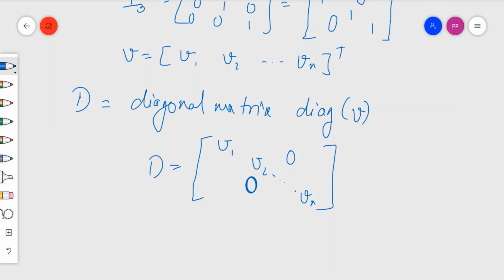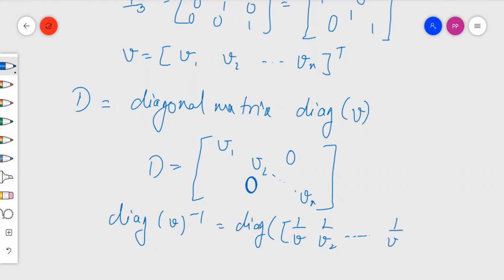And if I want to find the inverse of this diagonal matrix, then straightforwardly you can find a diagonal matrix with the diagonal elements as inverse of the original elements, like this, up to 1 by vn. So this is the inverse of the original diagonal matrix.